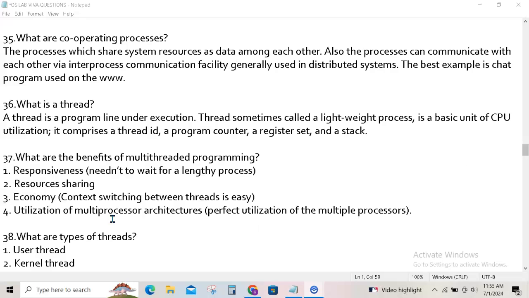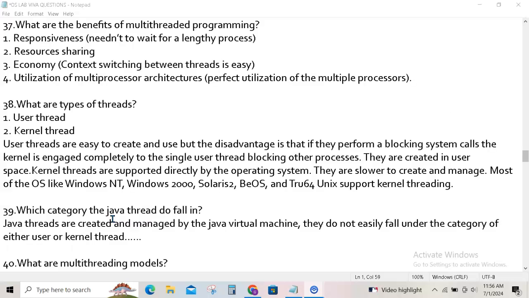What are the benefits of multi-threaded programming? Multi-threaded programming helps to increase responsiveness and allows resource sharing, and since resource sharing is available, it helps to reduce cost and also helps to utilize multiprocessor architecture.